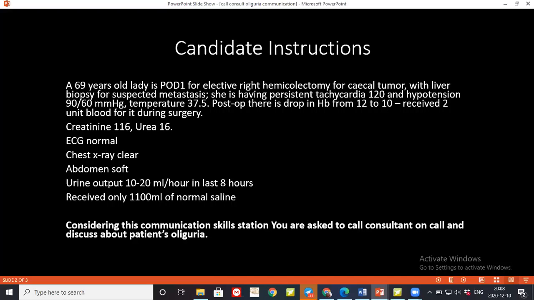If she does not respond to the fluid challenge, then I will transfer her to the high dependency unit for monitoring of the vitals, and also we'll do the CV line. Have you considered transfusing blood or not? I will check the hemoglobin next morning, and if I see that the hemoglobin is dropping, then I will consider blood transfusion.